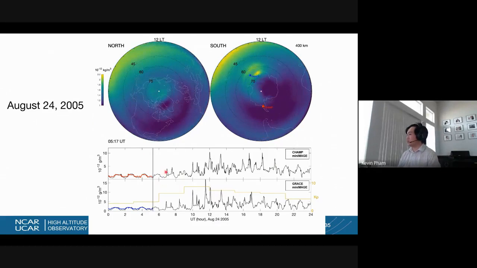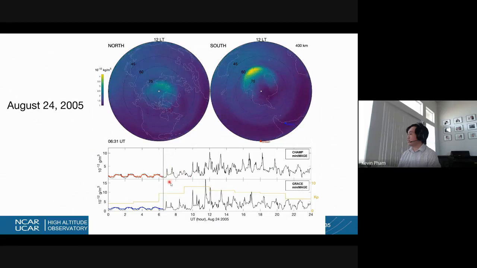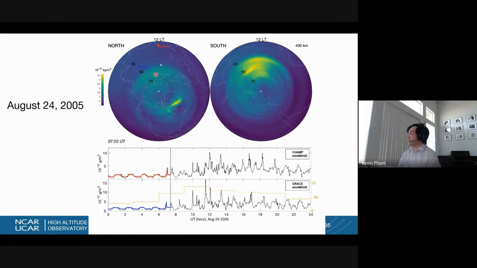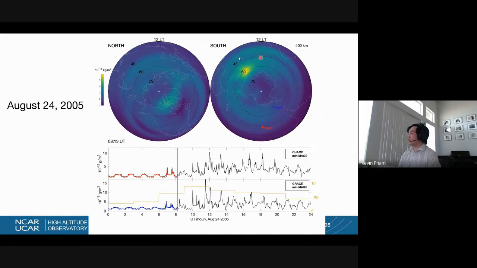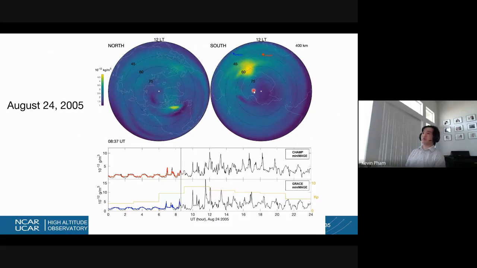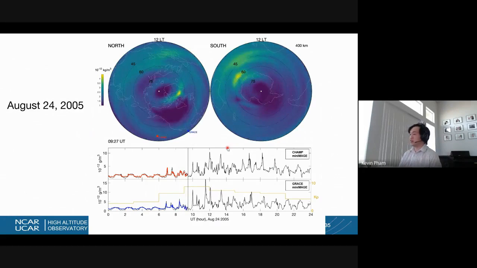So you can see that as we start getting closer to this period here where we saw good agreement, you'll notice that Champ and Grace are flying straight through these TADs. So these spikes that we're able to capture in the model are these TADs generated at the right time in the right place for the satellites to fly across them.